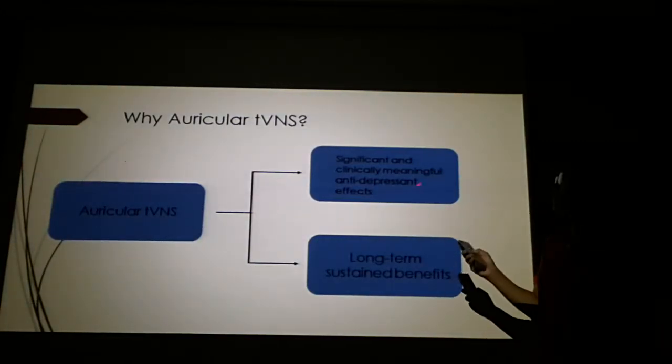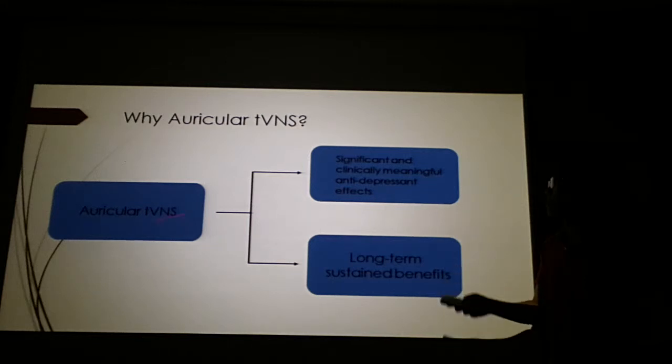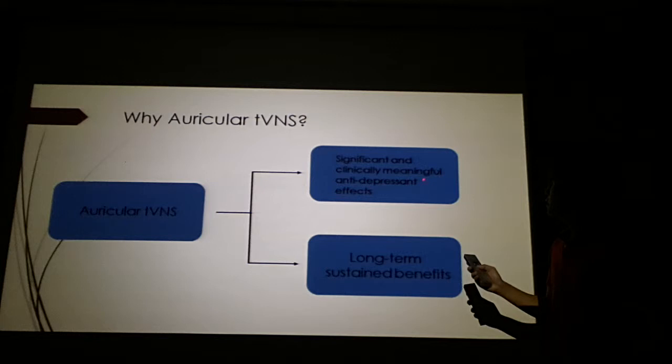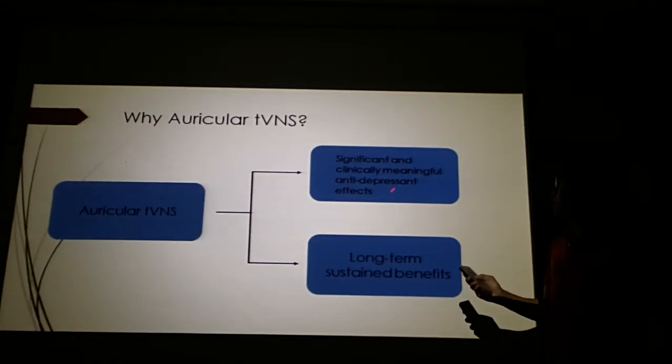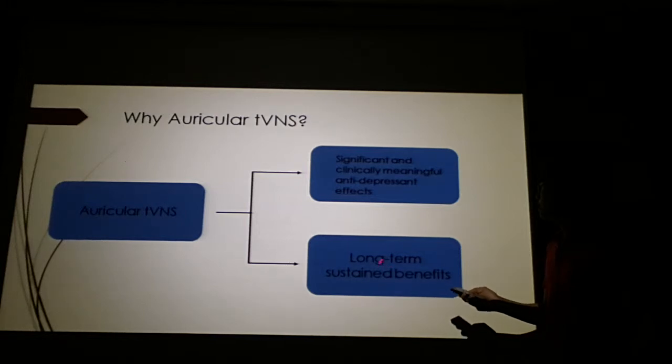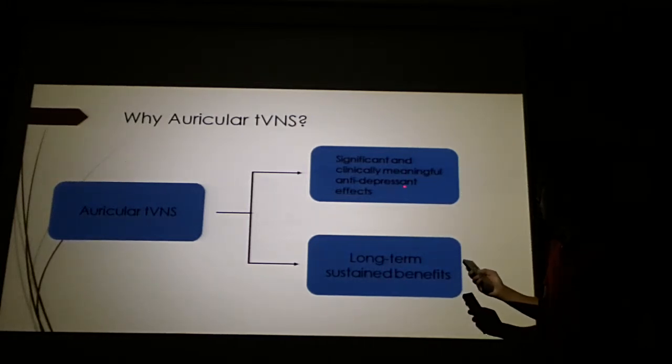Then why auricular TVNS? What's so good about this? Auricular TVNS has significant and clinically meaningful antidepressant effects. So it's good, and it has long-term sustained benefits. These effects are long-term sustained.